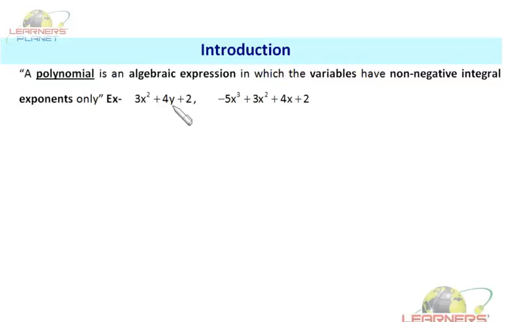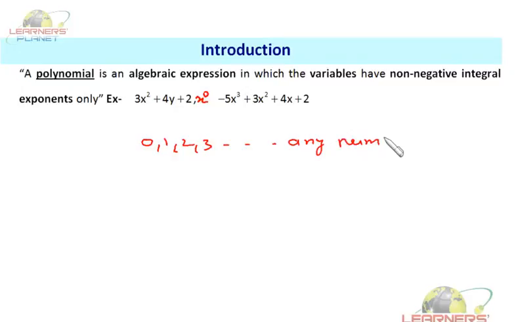Similarly, y is having power 1 and in 2 the variable is having power 0. So the variable should have powers as non-negative integral values. It may be 0, 1, 2, 3 or any number.